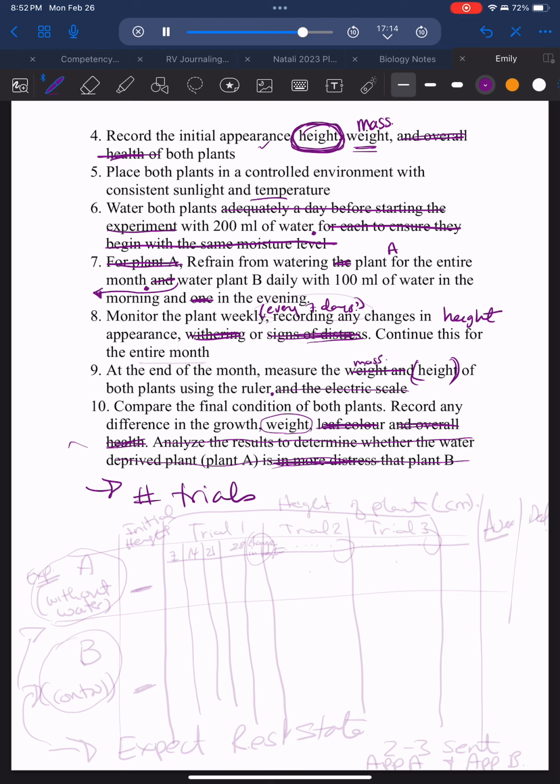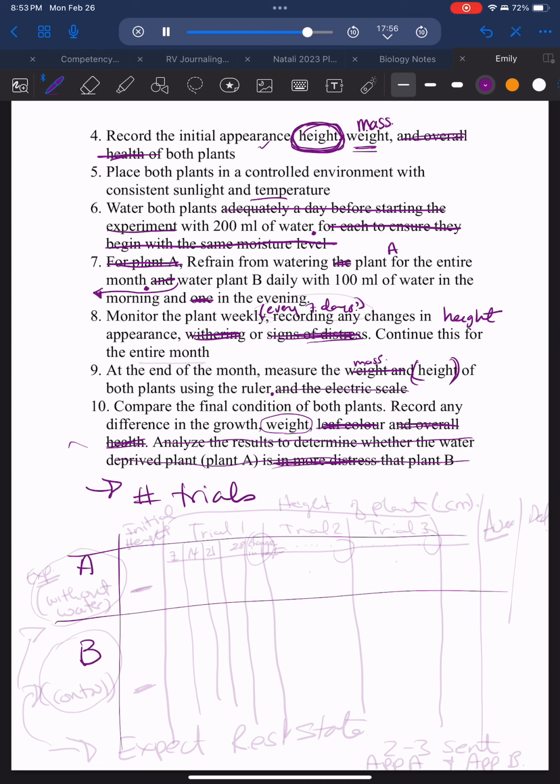Let me see. If we look at the checklist that I sent via WhatsApp, yeah, for your table now, did you figure out the table already? You would have apparatus A, apparatus B, obviously your title, right?